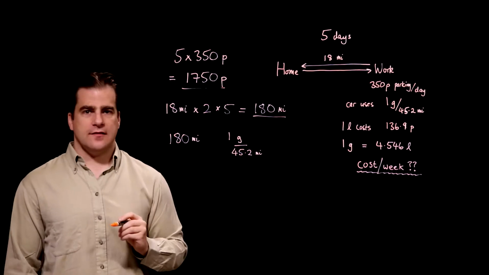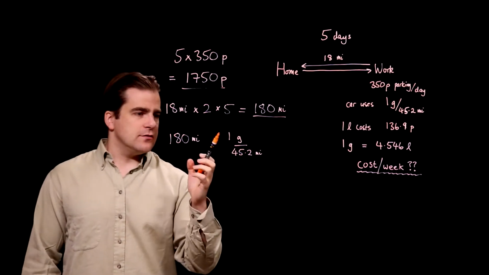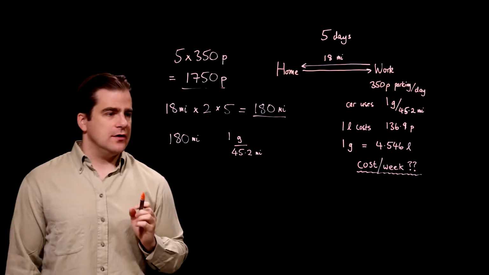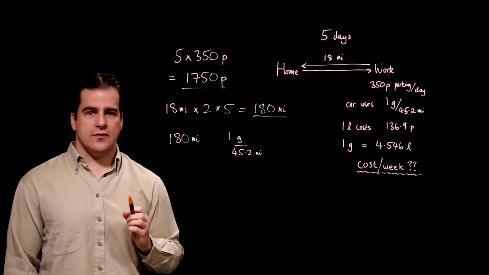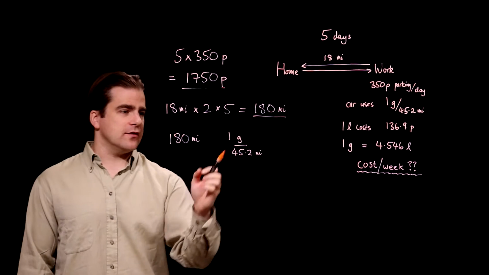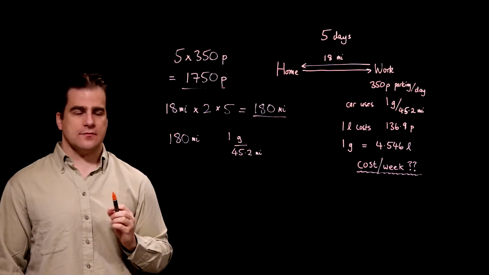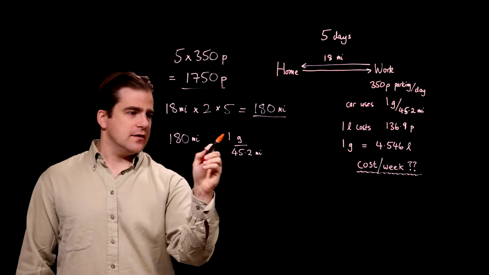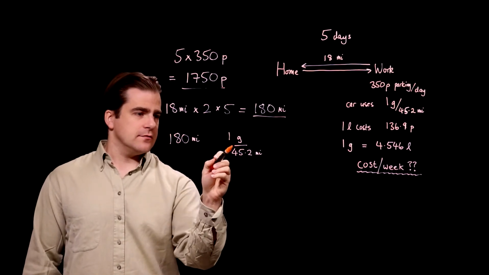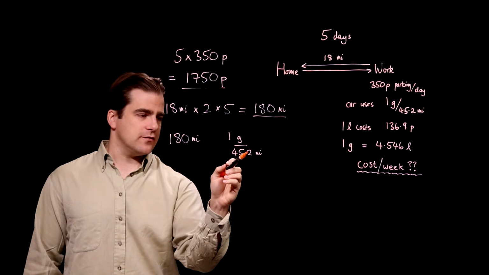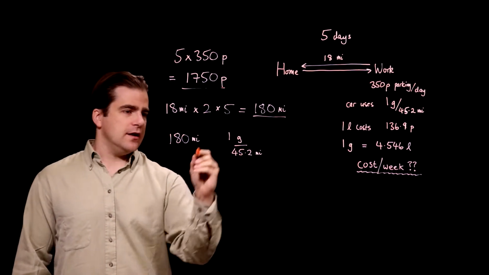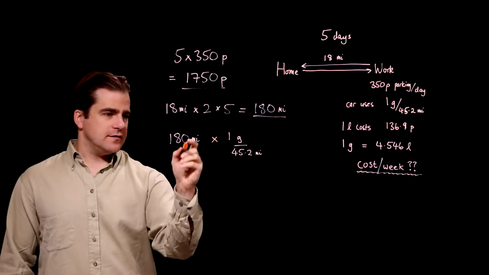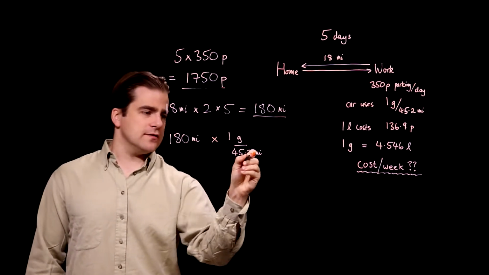And he travels 180 miles. The reason it's good to write it like this is, if you look at the units, you can see exactly what you have to do in order to work out the number of gallons that he uses. If you multiply these two values, you've got miles on the top and miles on the bottom.